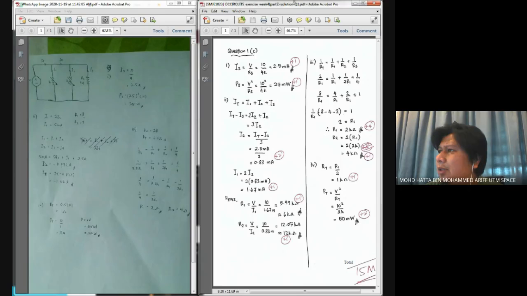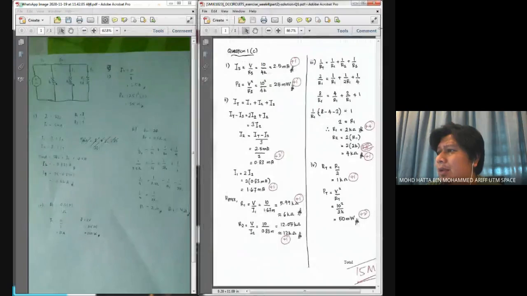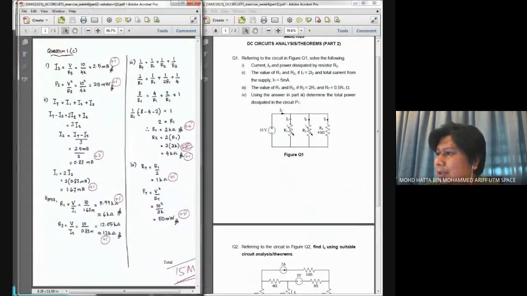For the second question, we would like to calculate the value of R1 and R2. Now the strategy that I use is that if I know the current flowing here and here, I can use it to calculate the value of R1 and R2, because I know the value of voltage over here.